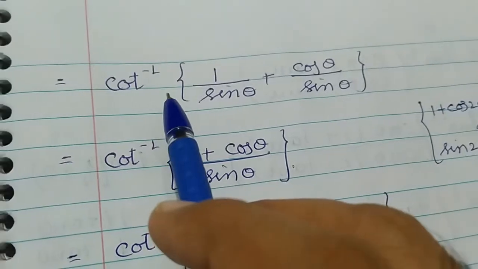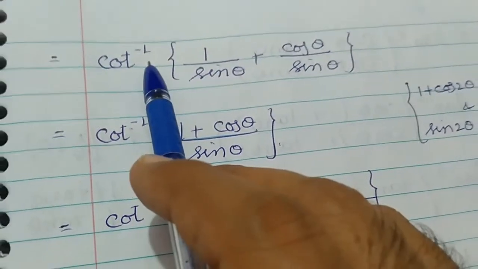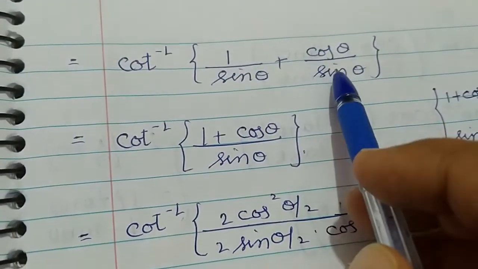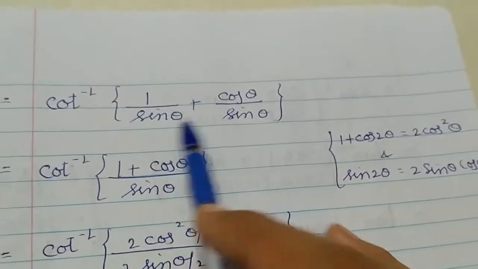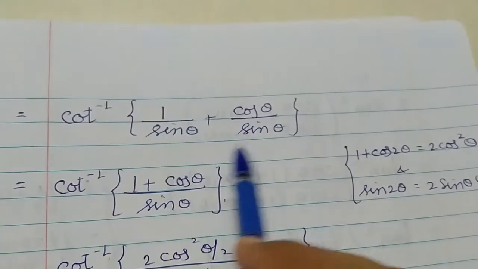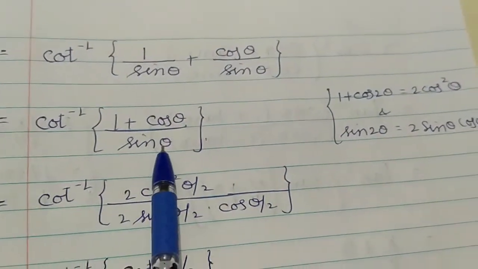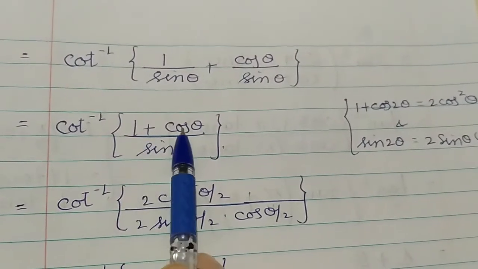After applying the conversion formula, cosec theta is converted into 1 upon sine, and cot theta is converted into cos upon sine. After simplifying, we get (1 plus cos theta) upon sine theta.